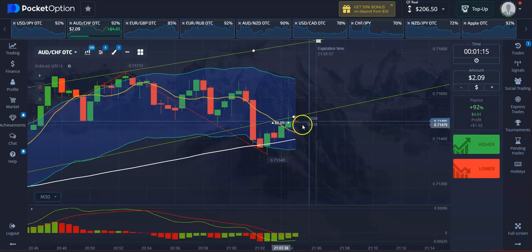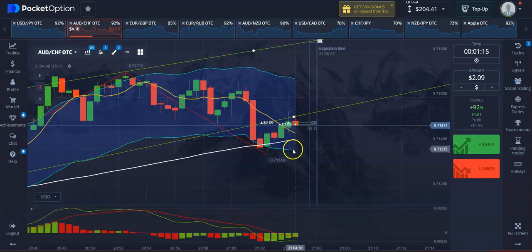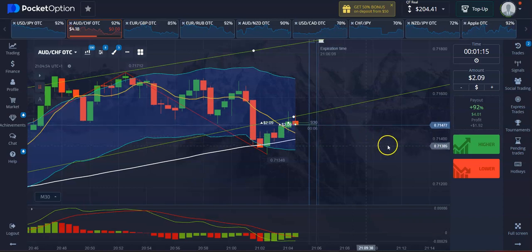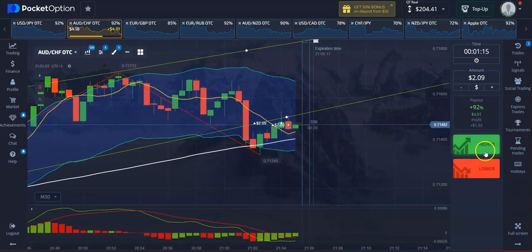Because sometimes I just lose a little bit or just win a little bit. Okay. So three trades, sometimes I get like 2 out of 3 or 3 out of 3 or 1 out of 3. Okay. So even though sometimes I lose all trades, it goes for the experience, right? Because we need to get the experience.